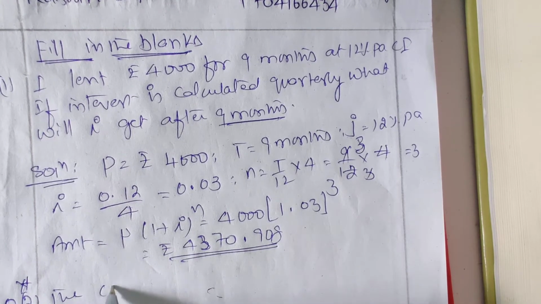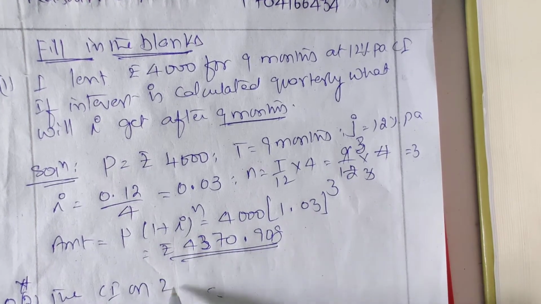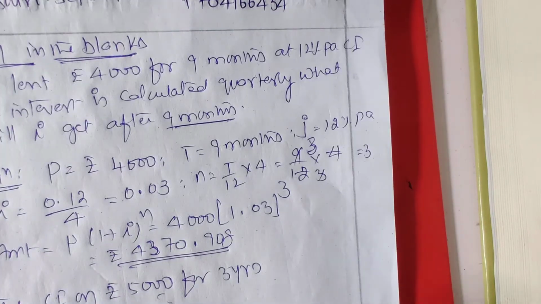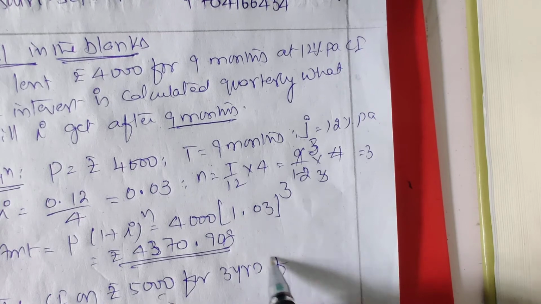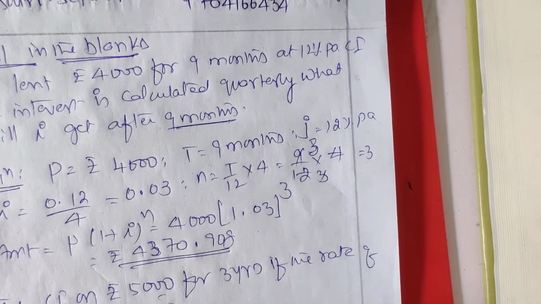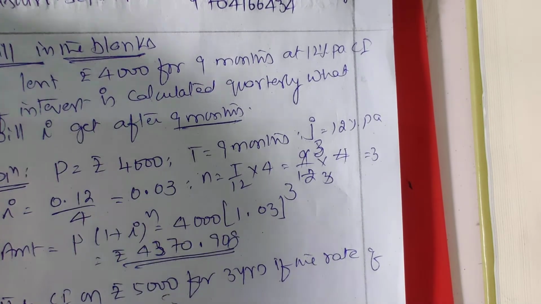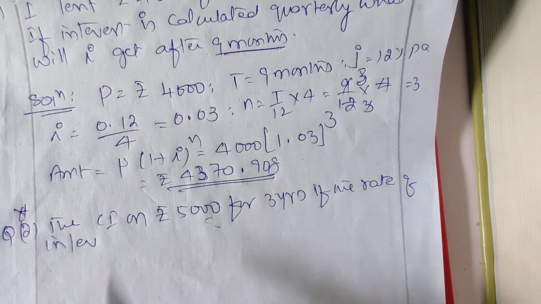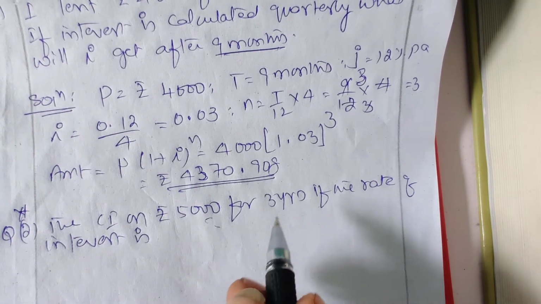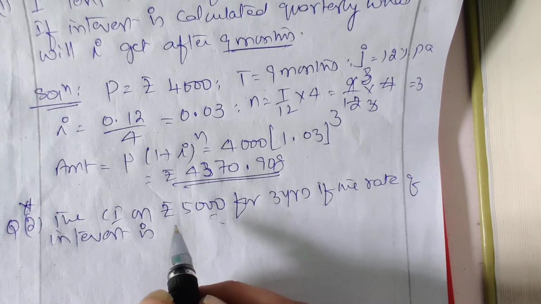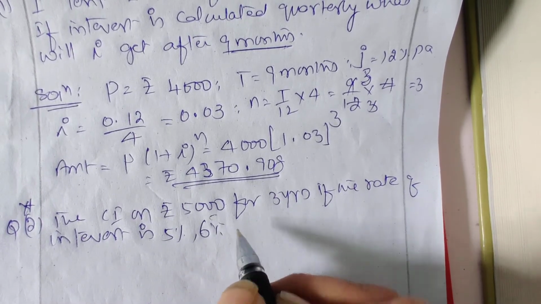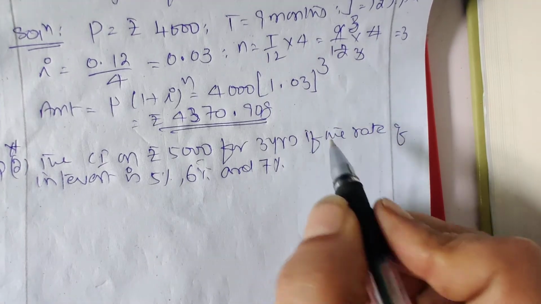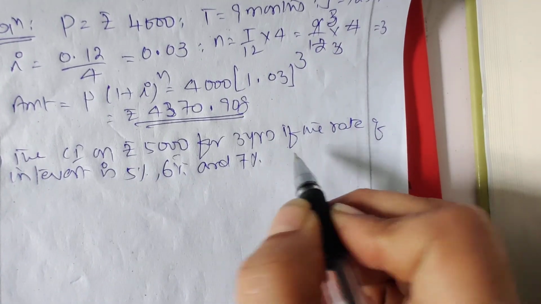The compound interest on rupees 5,000 for 3 years, if the rate of interest is 5%, 6% and 7% for the first, second and third years respectively.